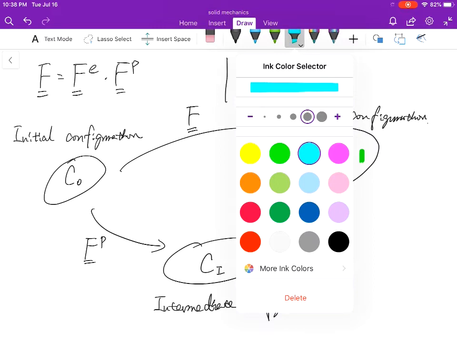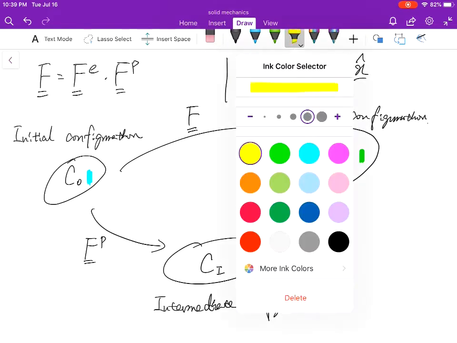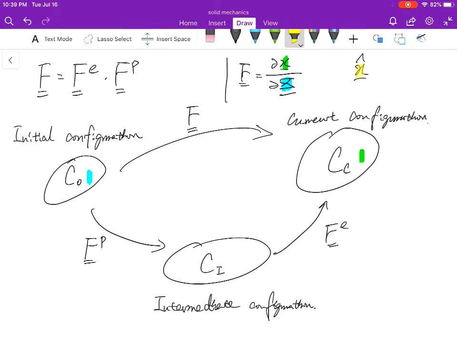And this blue color in the uppercase H denotes the element in our initial configuration. And we also introduce another element, h hat, with a hat, in yellow color, in the intermediate configuration. Alright, so with all of this, let's start our work.